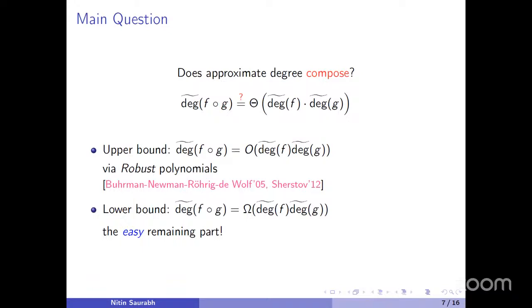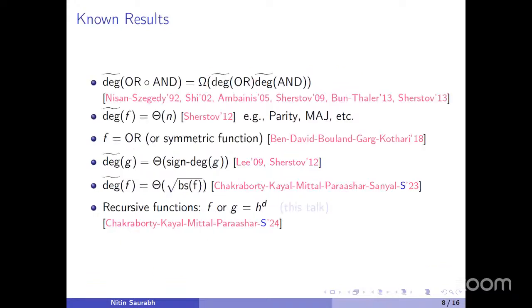So let's see what do we know about it. In a long line of work, it was shown that the approximate degree of OR composed with AND is indeed at least approximate degree of OR times approximate degree of AND. It is again shown that if the outer function, so the outer function is f basically, right? If the outer function has full approximate degree, then also approximate degree composes.